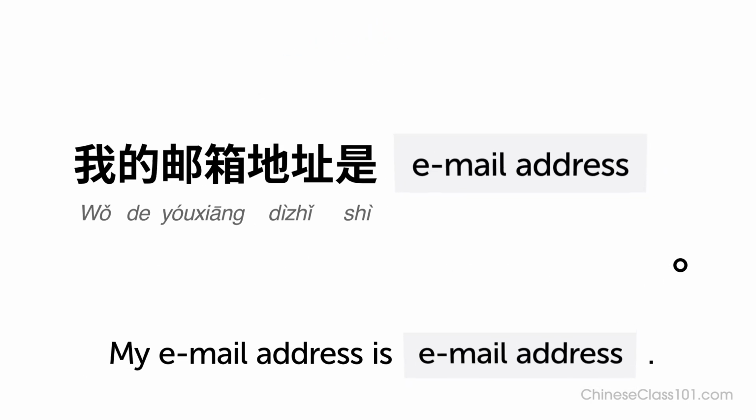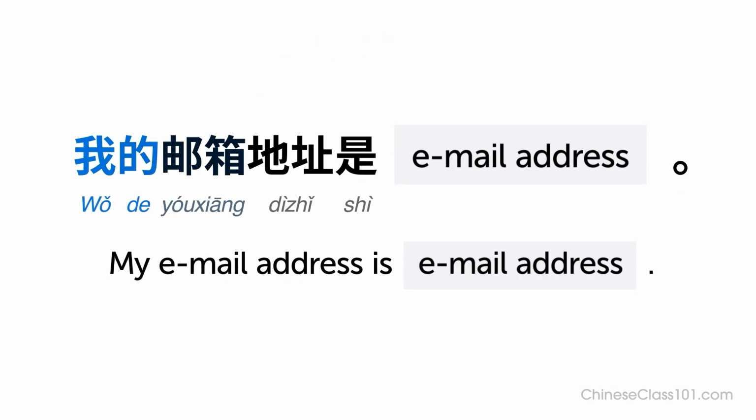The pattern is 我的邮箱地址是 email address, my email address is email address. To use this pattern, simply replace the email address placeholder with your email address.